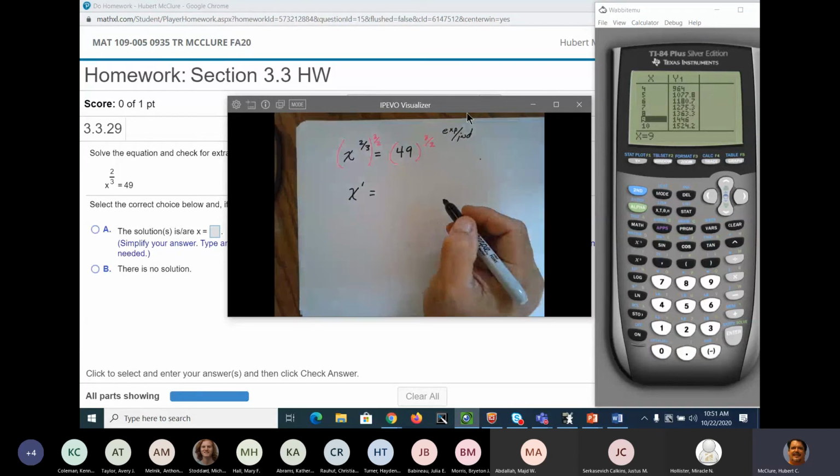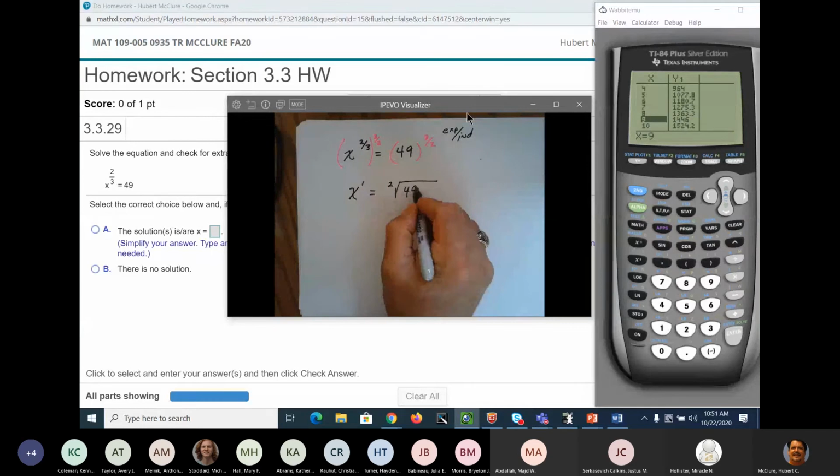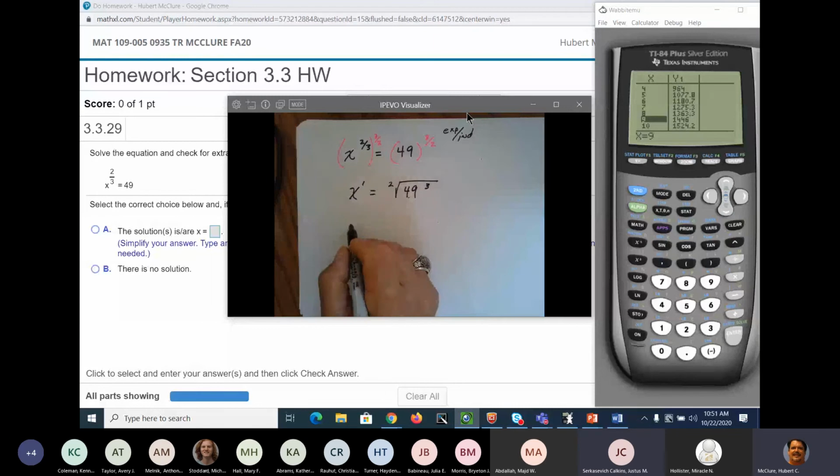The second root of what? 49 to the 3rd power. And what's the square root of 49? 7. And what's 7 raised to the 3rd power? Ain't that 243 or what is it? 343. 343.